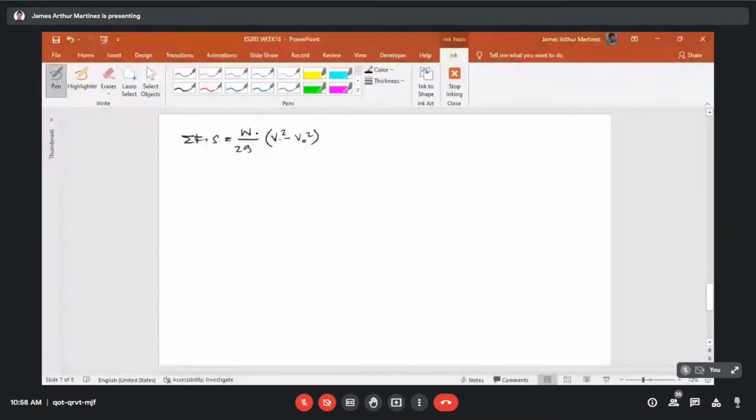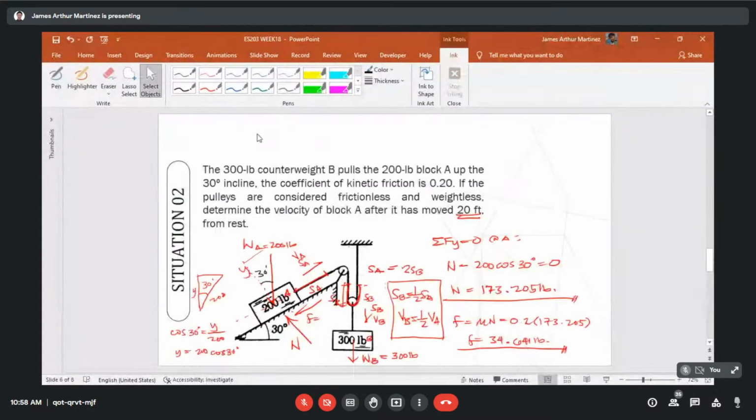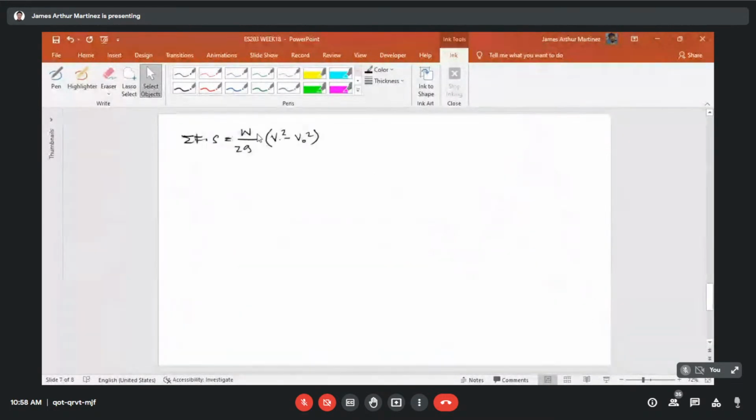But since the motion of block A is dependent on the motion of block B, we will analyze them as a system, or as one. So we will sum up the work done on block A and B, and also the energy on block A and block B. So this is work and this is the energy.